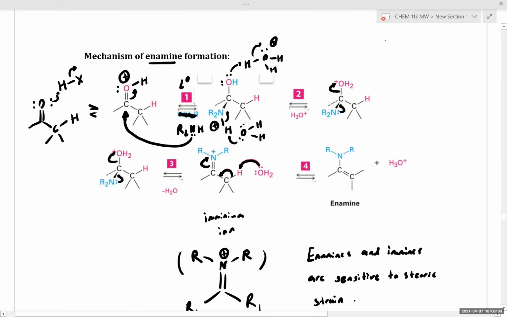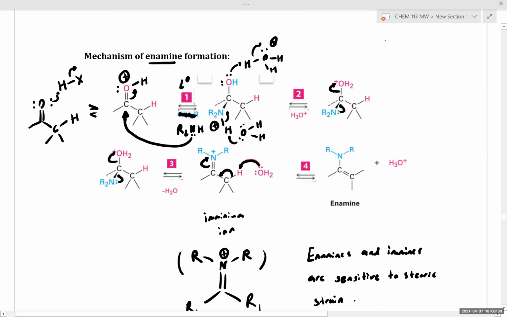So is the difference between a secondary amine and an enamine the fact that instead of a hydrogen, it's a carbon? Or is there anything that has to do with the alkene? So an enamine specifically refers to a nitrogen directly conjugated to a carbon-carbon double bond.